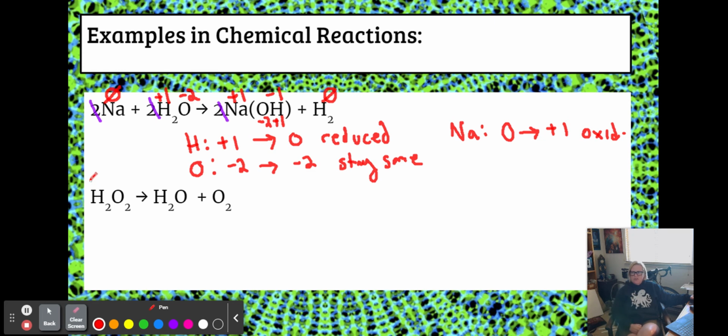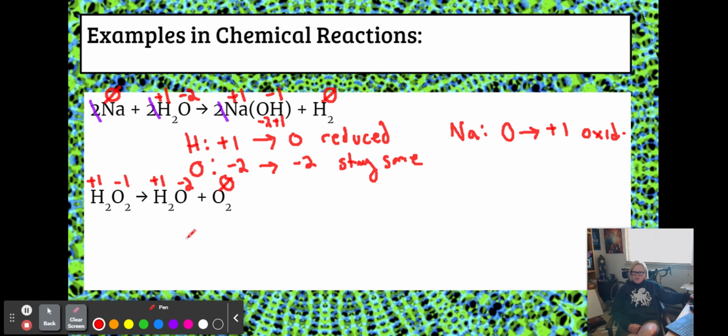We decided in a previous example that hydrogen has a +1 in this case, and oxygen has a -1. In water, hydrogen has a +1 and oxygen has a -2. But oxygen in its elemental form is going to be 0.